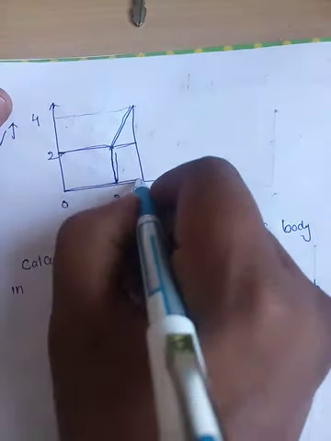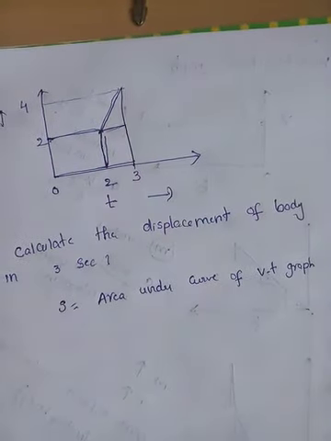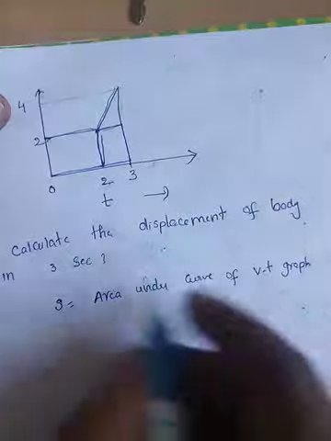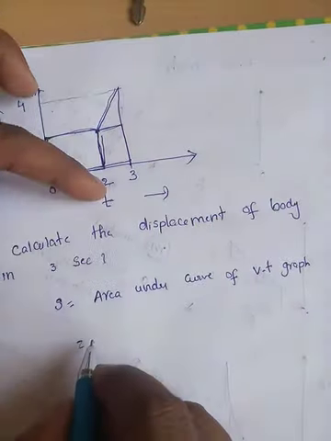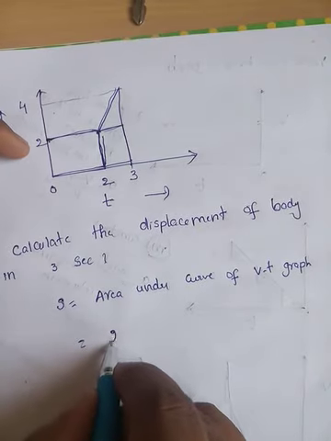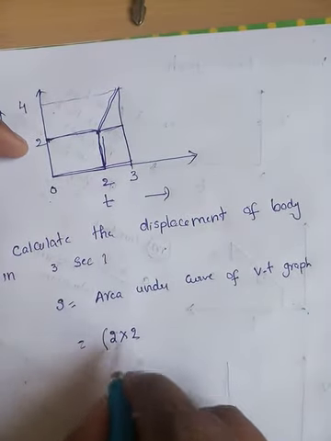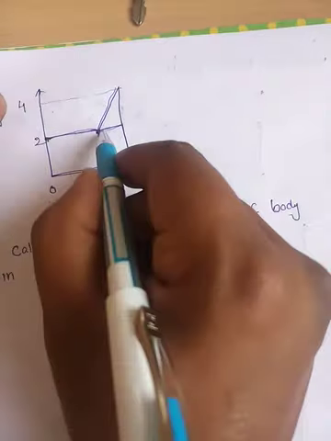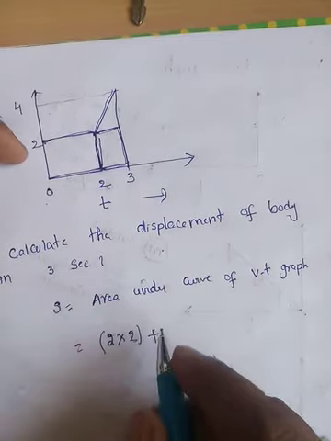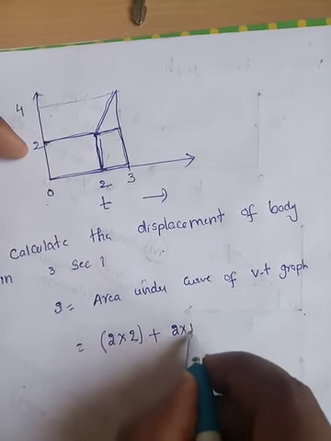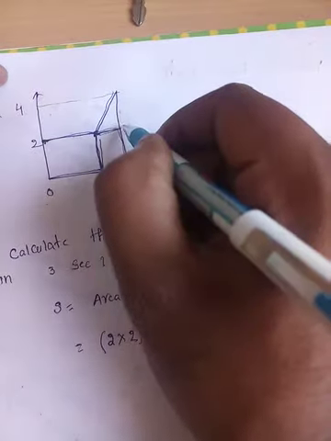If you are getting confused, we can write two rectangles and two trapeziums. First, this is the area of a rectangle. The length here is 2 and the breadth is 2. Plus one more rectangle, with length 2 and breadth 1. Plus now this is a triangle.